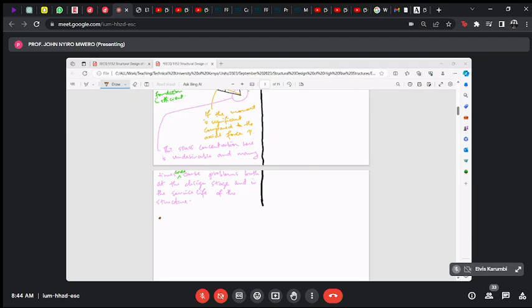That the way you model a structure in analysis is approximately the way it will behave in real life.